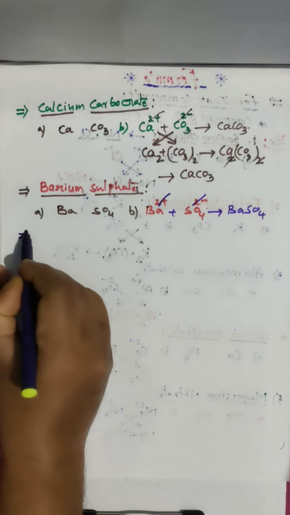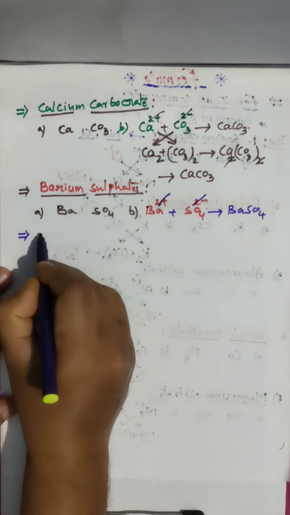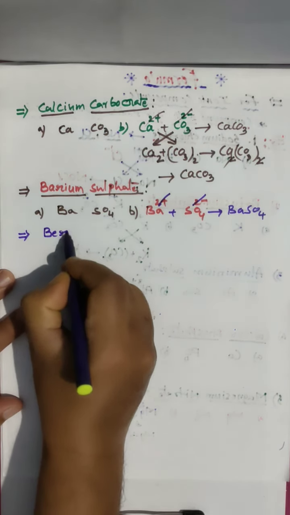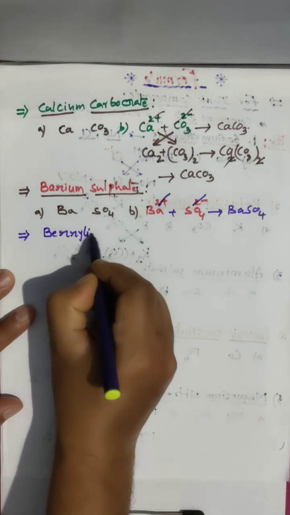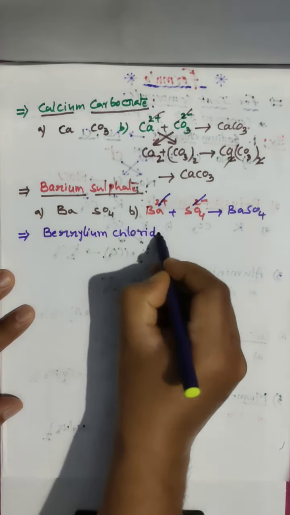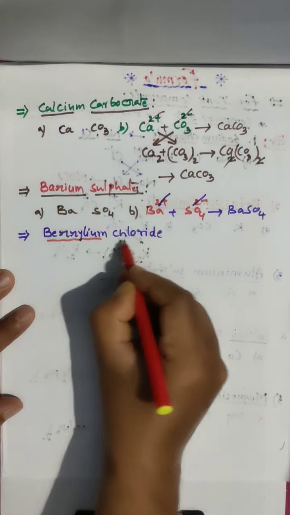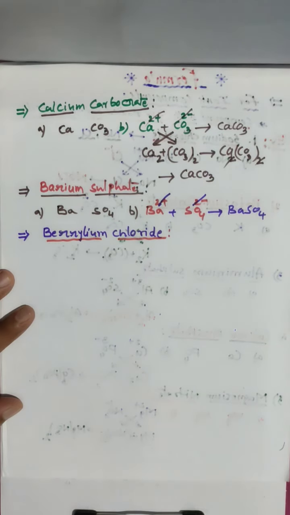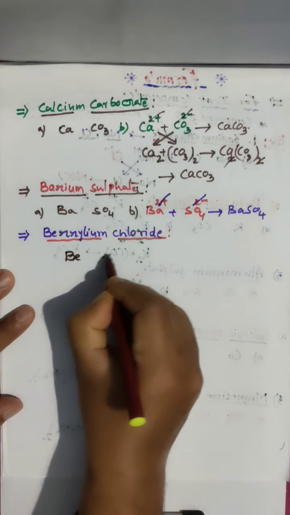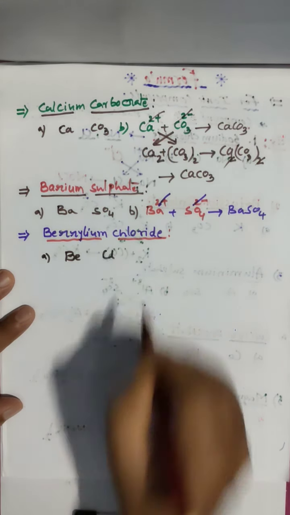Go for another one. You have here like beryllium chloride. This is beryllium, this is chloride. I told that first part generally positive beryllium, and this is chloride, nothing but Cl.